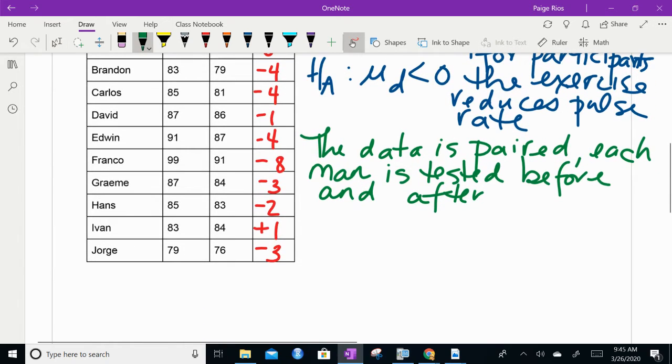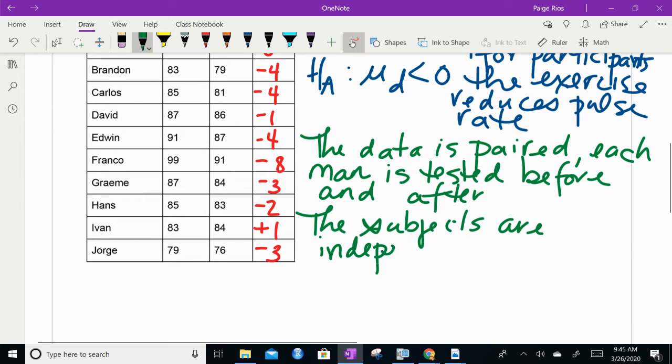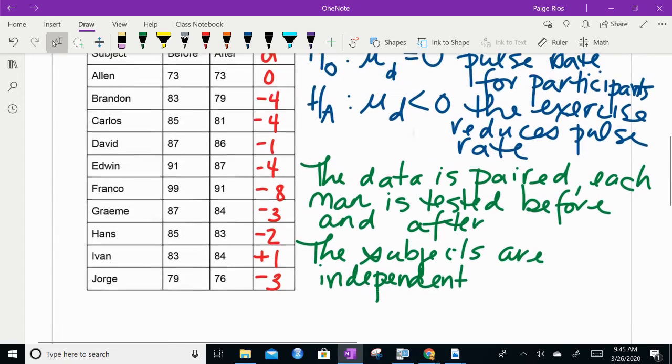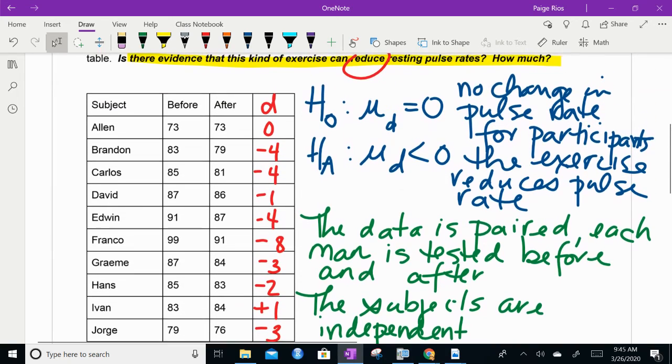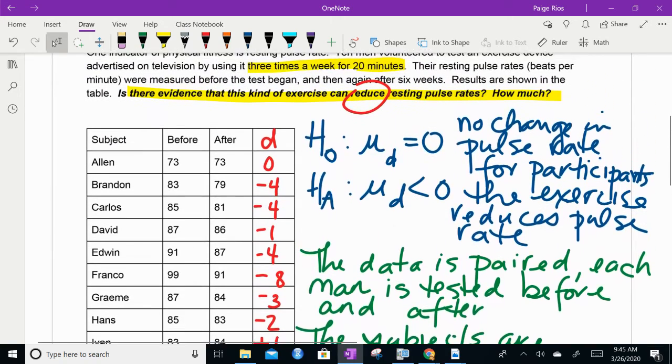The next part is the subjects are independent. Now, we can't say that this is random, okay, unless we're told it's random. And since it looks like it was some sort of participation, well, it's not a random sample.